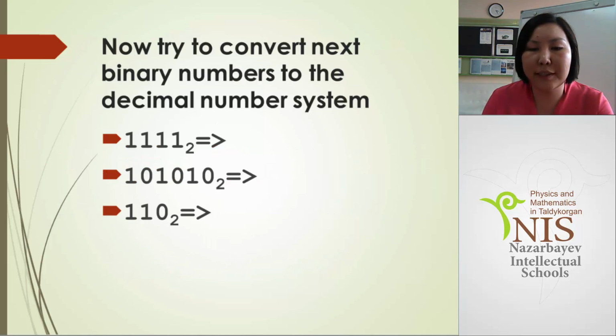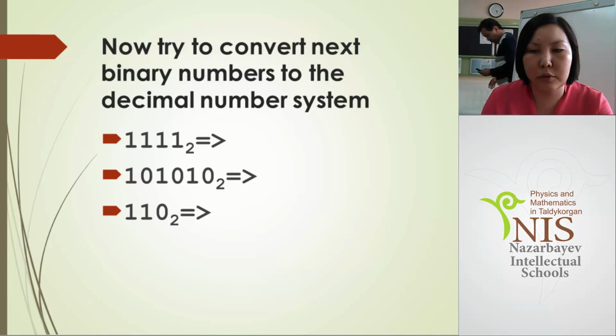Now try to convert these binary numbers to the decimal number system. You should remember that the counting of the powers will go from the right side to the left, and the most right digit will be multiplied by 2 in power of 0, and the second one multiplied by 2 in power of 1, and so on.